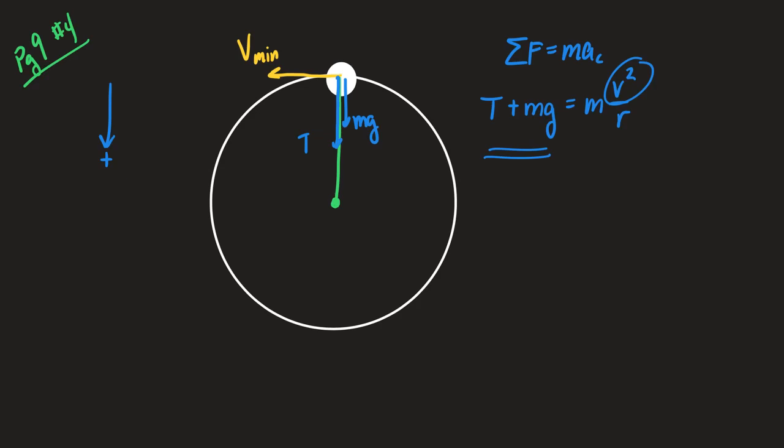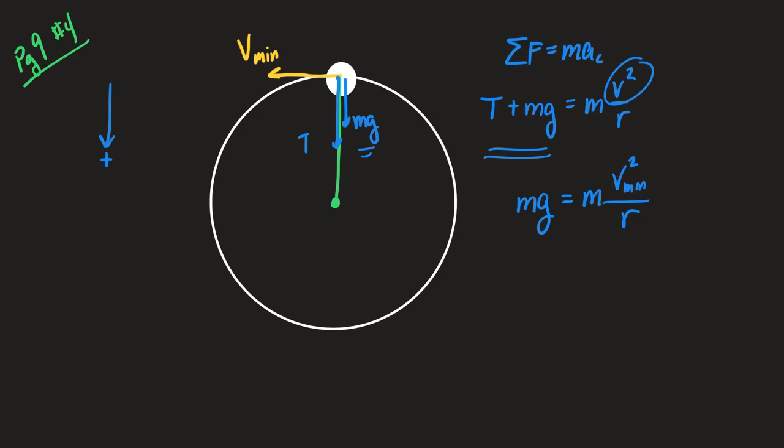So if we assume that the weight of the object is a constant, the only one of these things that can actually get smaller is tension. So the minimum speed is when the tension is gone, and all I have left is mg. Minimums and maximums tend to be when a reactive force goes to zero.